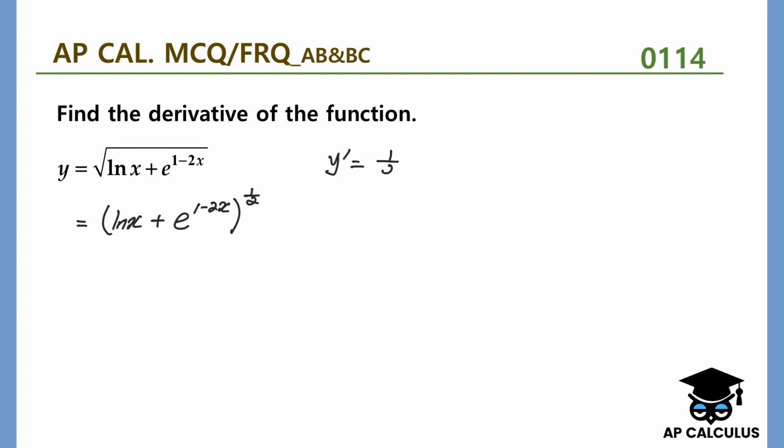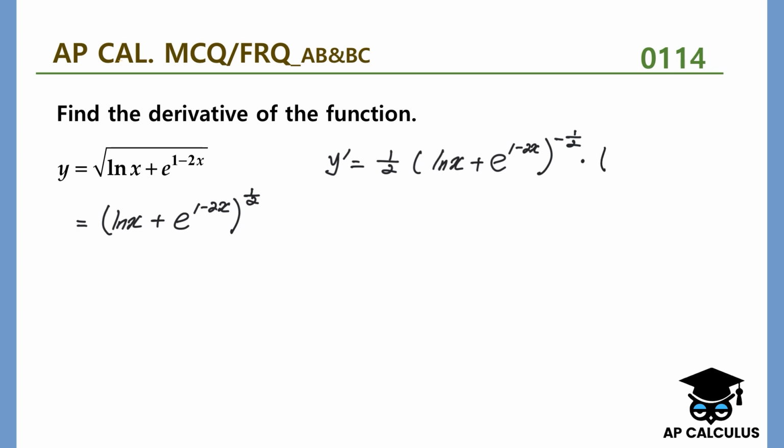So 1/2 times natural log x plus e to the 1 minus 2x to the power of negative 1/2, right? Because 1/2 minus 1 is negative 1/2. Times, we have to multiply the derivative of the expression inside of the parentheses. That's chain rule, right?